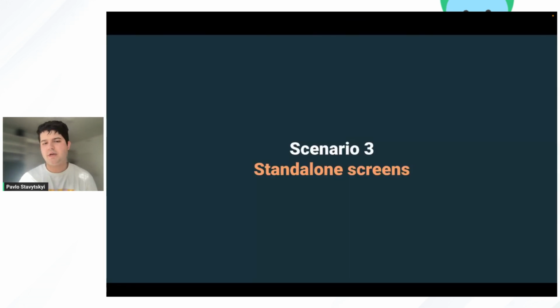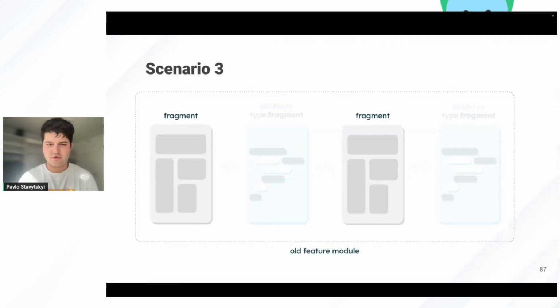The third scenario might be the most common and the most frequent: you just need to inject standalone screens into some flows. You have an existing feature, and when you expand this feature, you just need to randomly add some compose screens here and there, which are not related.